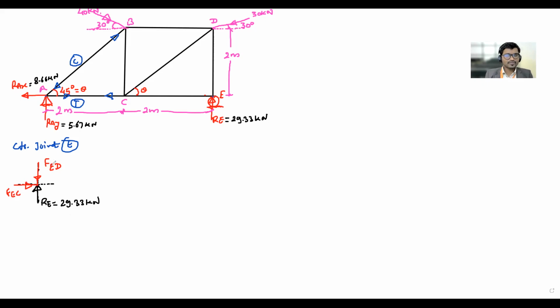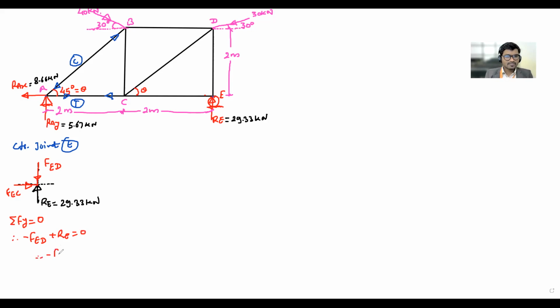Now we have to find the force in member ED and the force in member EC. First we consider the summation of forces along the Y-axis equals 0. Therefore, FED will be minus, so minus FED plus RE is equal to 0.